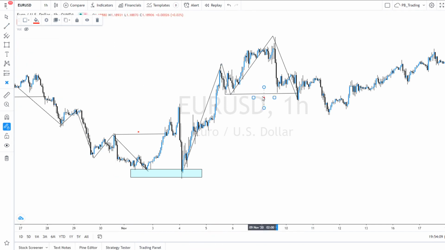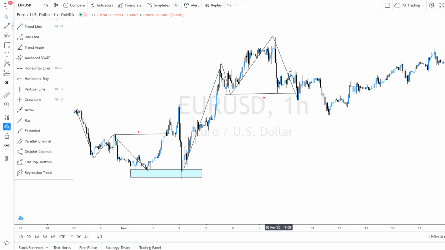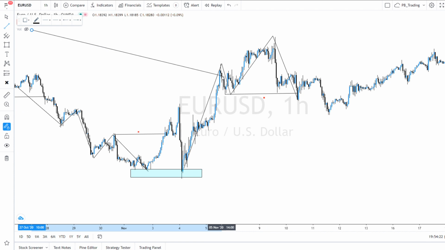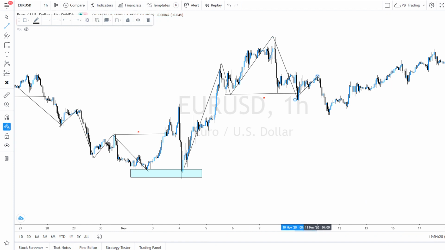Break in market structure again at this point. And then you could see price from there pulled back after the break of market structure, and then made a new low, pulled back, and then made a new low.